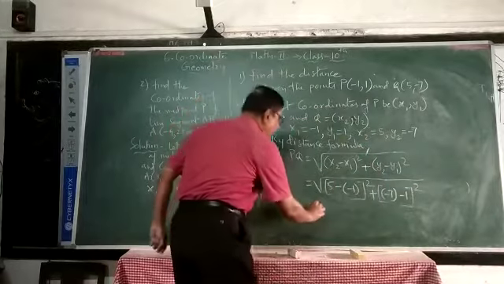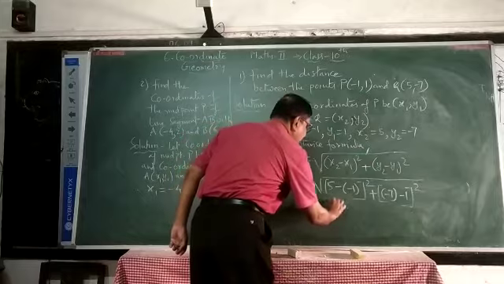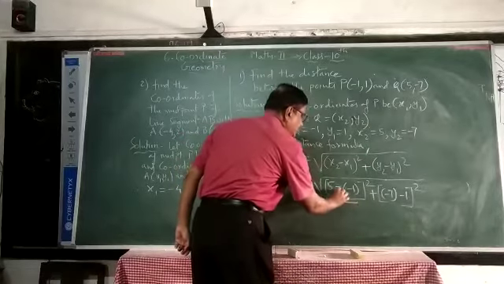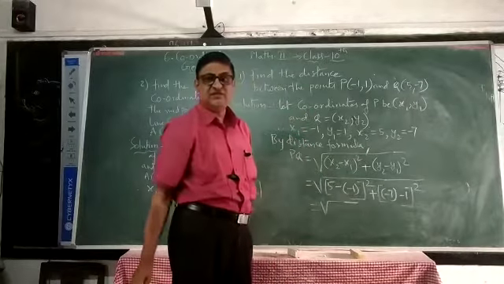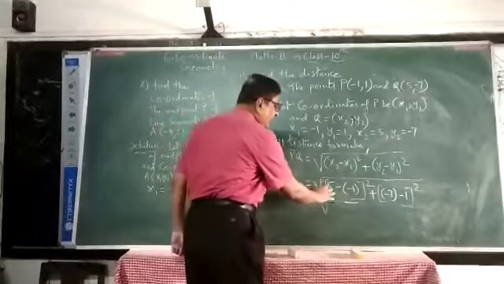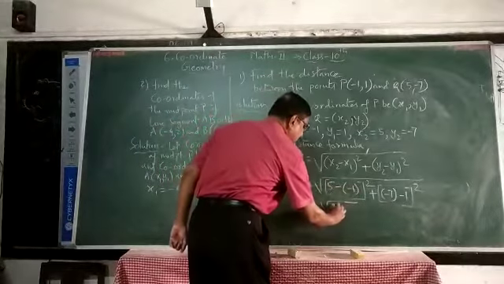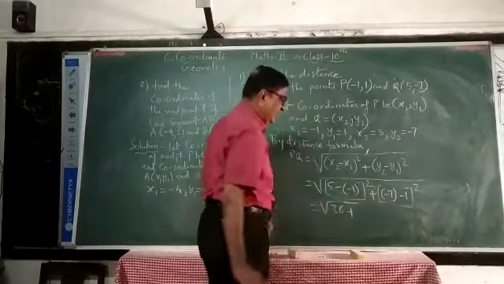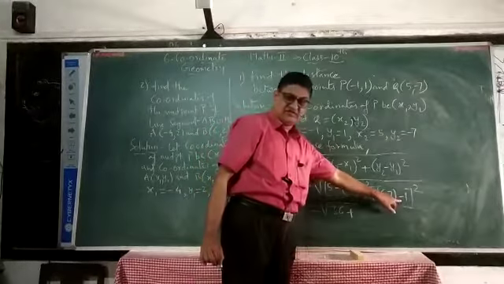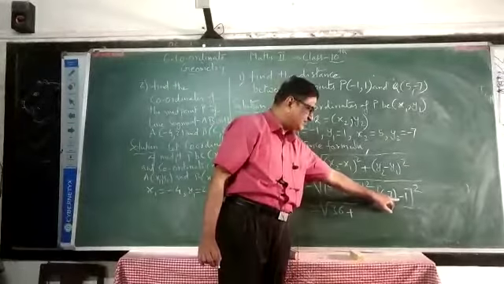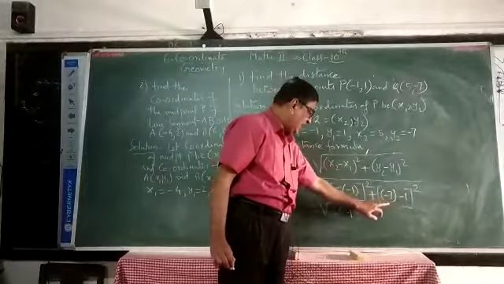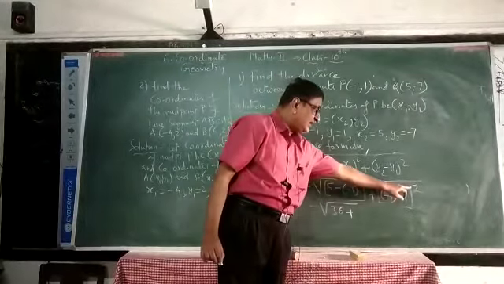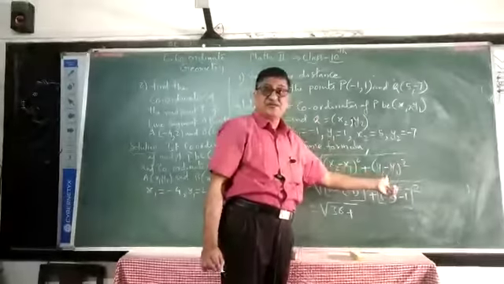Now after this we will get 5 minus of minus, that is plus. So 5 plus 1 is 6 square, that is 36, plus here -7 minus 1 is -8, and -8 square is plus 64.